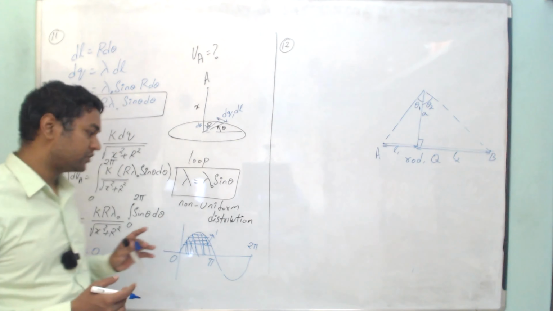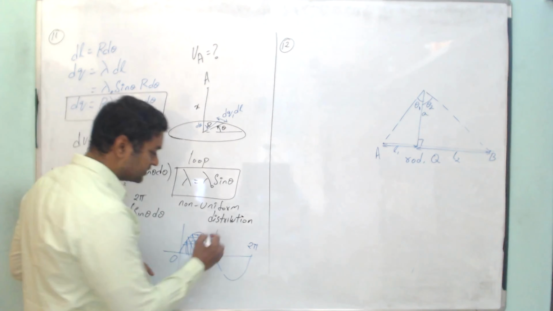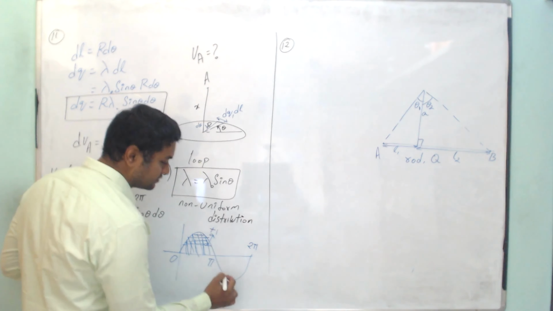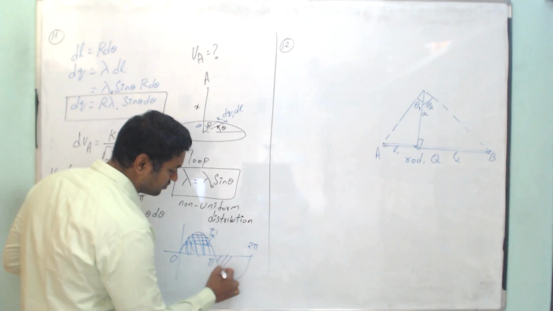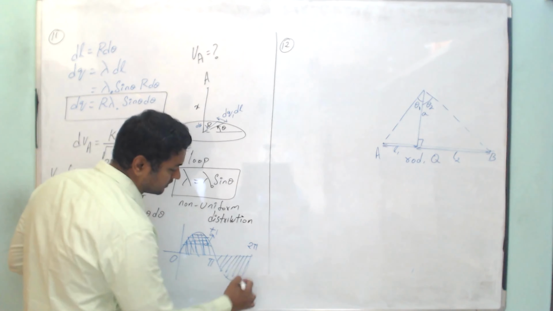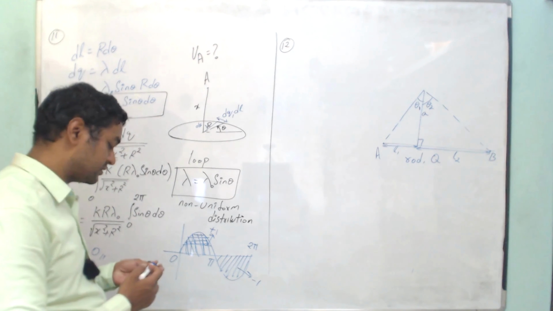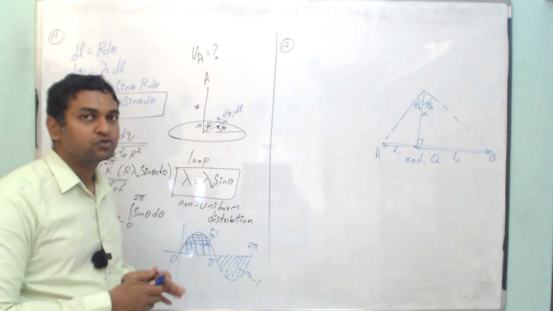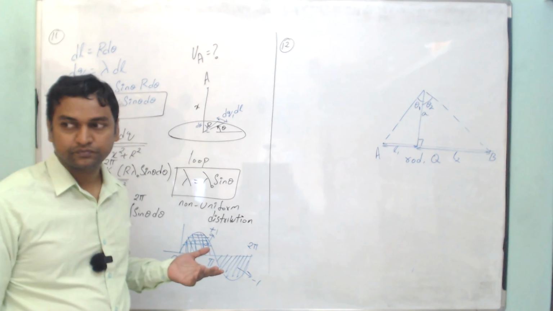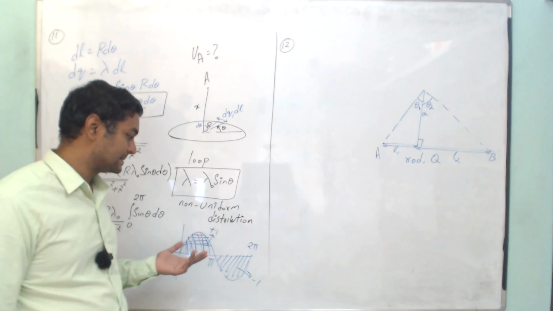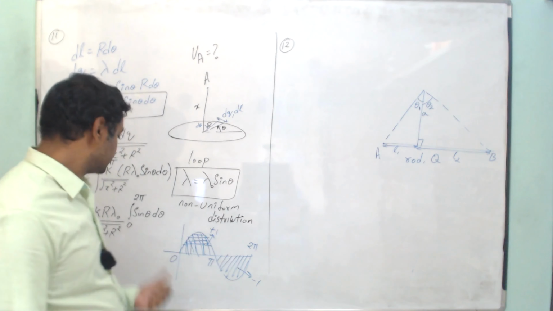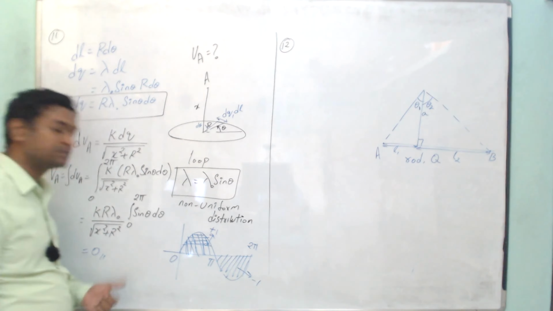Are you getting my point? This is plus A and this is minus A is also obvious, but I want you to remember the value, which is plus 1 and minus 1. Same goes for cos theta also. Clear?